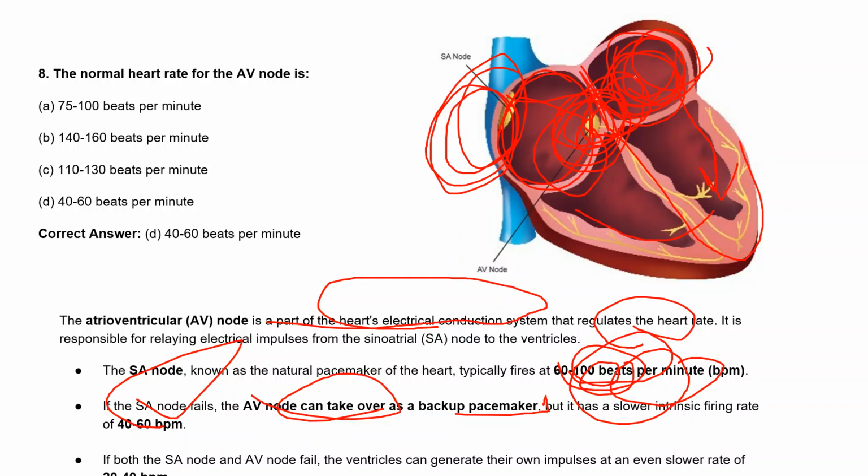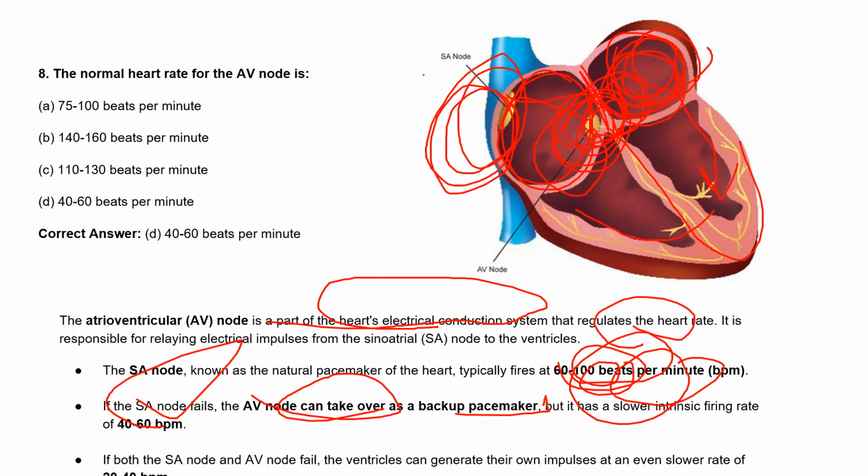So it introduces a slight delay in the signal, which allows the atria to fully contract and empty the blood into the ventricles before the ventricles start contracting, right?